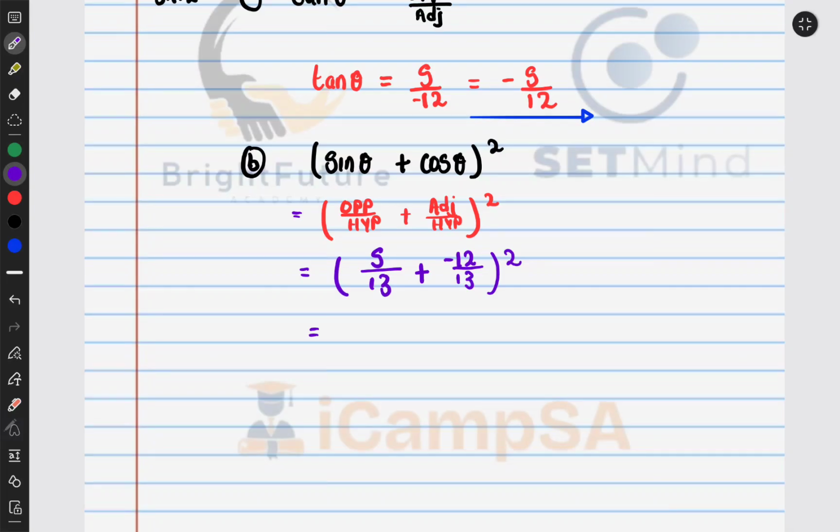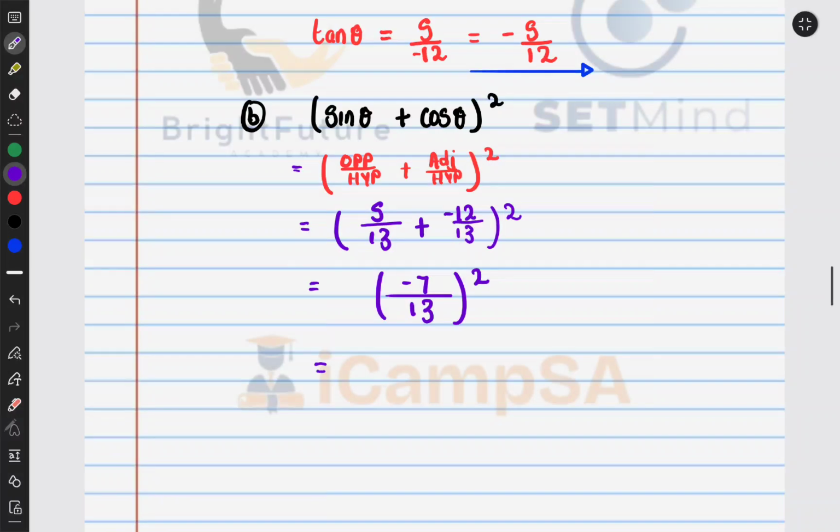Okay, then let's add: 5 minus 12, it should be negative 7, squared.